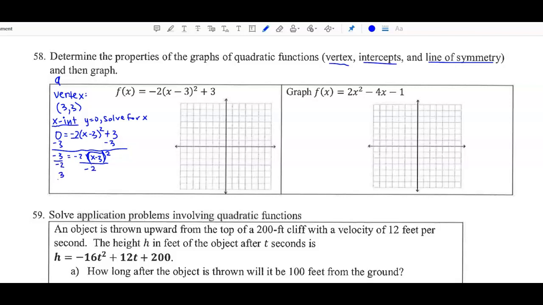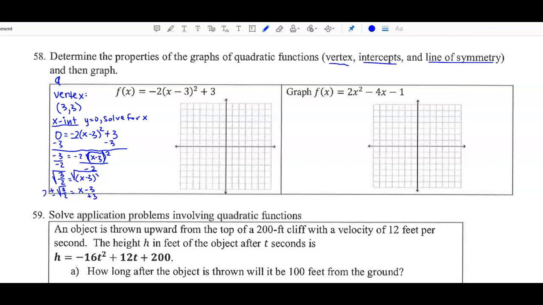And so I get 3/2 equals x minus 3 all squared. Now I can take the square root of both sides. That will give me plus or minus the square root of 3/2 equals x minus 3. And now I'm going to add 3 over.